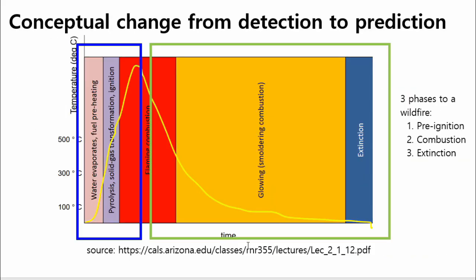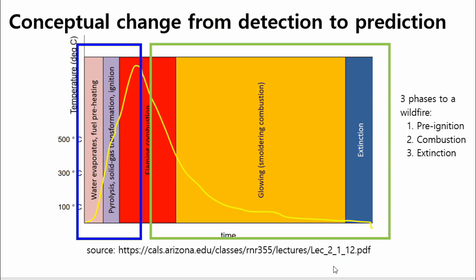So this is fire development. If you look at this yellow line, as temperature goes up, the fire goes through preheating, ignition, and combustion at the maximum.